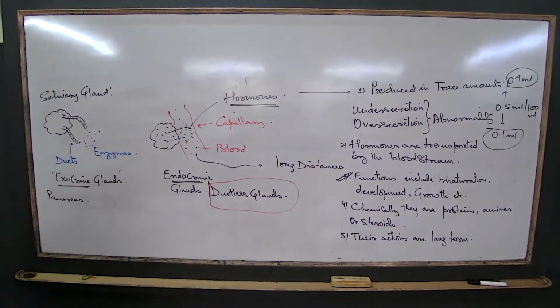Endocrine glands consist of cells. Very good.